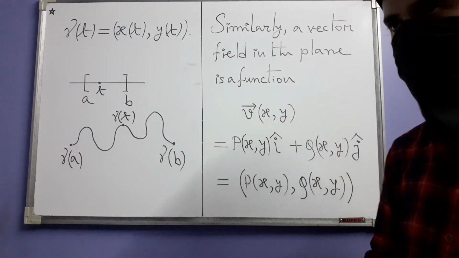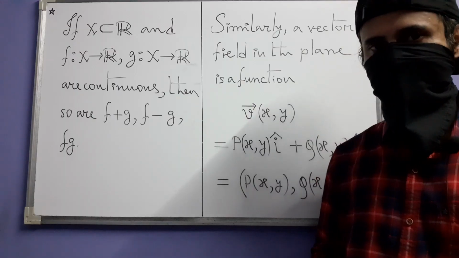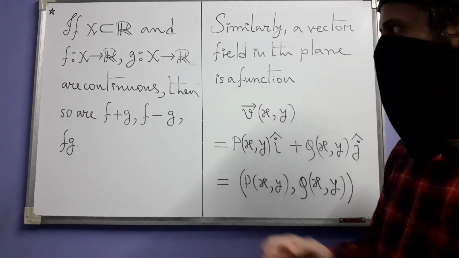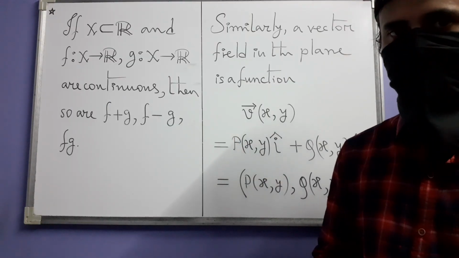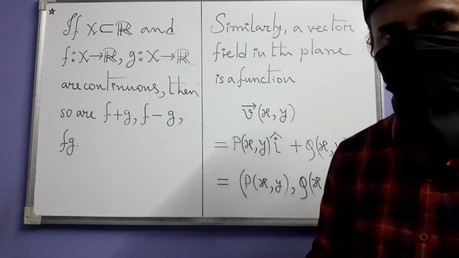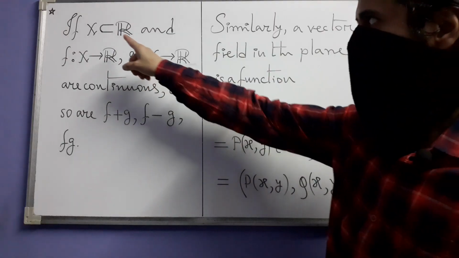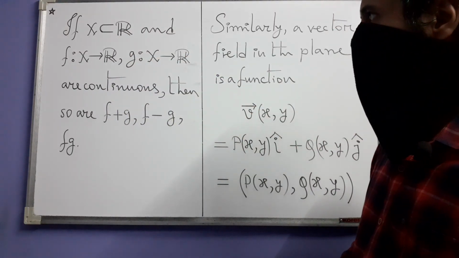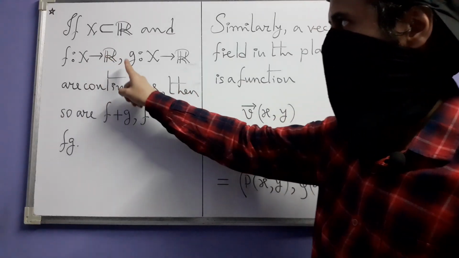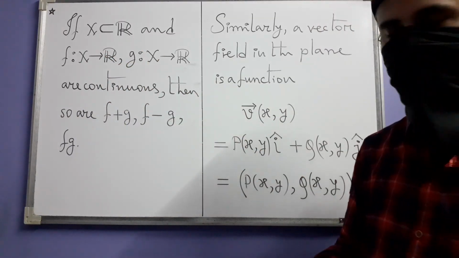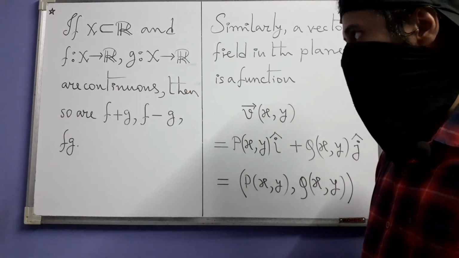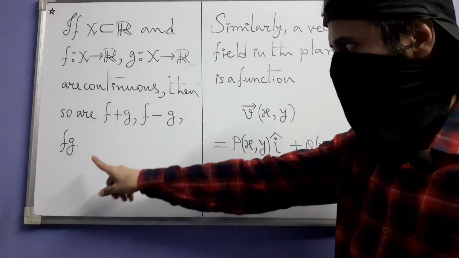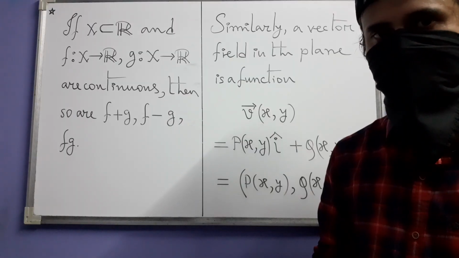Besides all these techniques of creating continuous functions that we have seen so far, you also find this in calculus, and especially if you study differential equations, that if x is a subset of R, and you have two continuous functions f and g which are real valued and both have x as their common domain, then f plus g, f minus g and fg are also continuous.